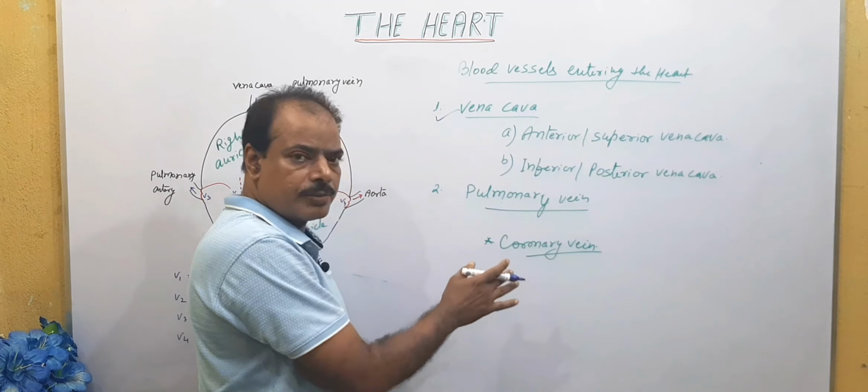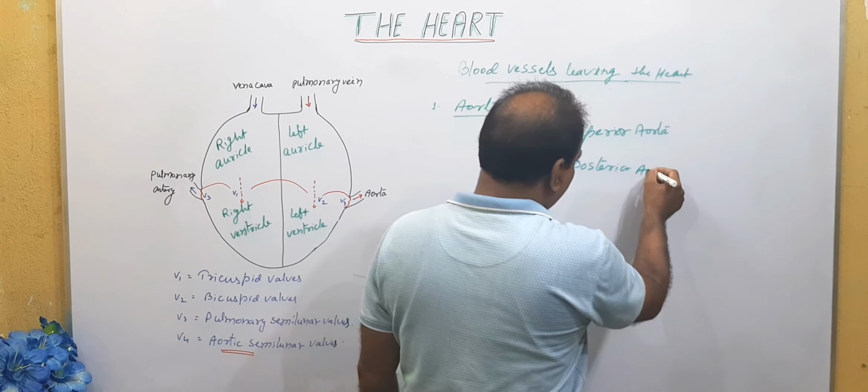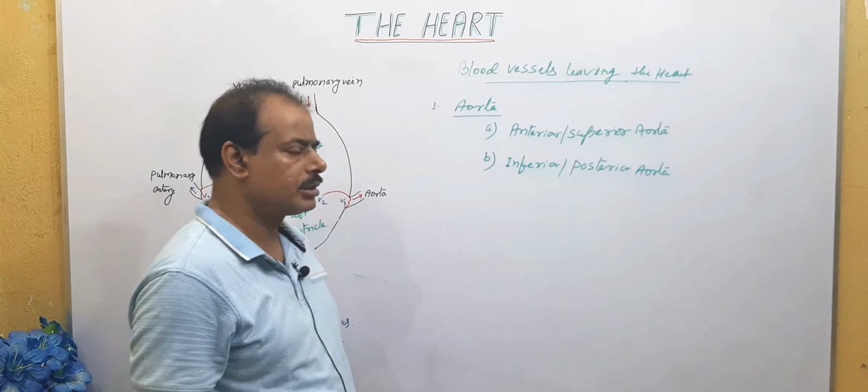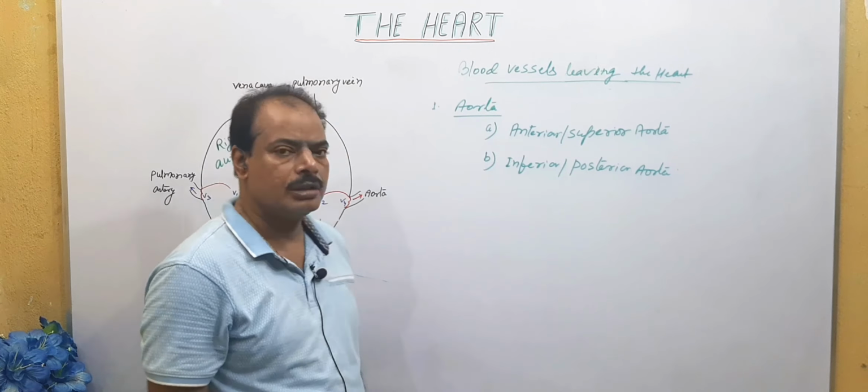And second is inferior or posterior aorta. It carries or supplies oxygenated blood to the parts of the body which are located below the heart. So anterior and inferior, these are the two aorta.